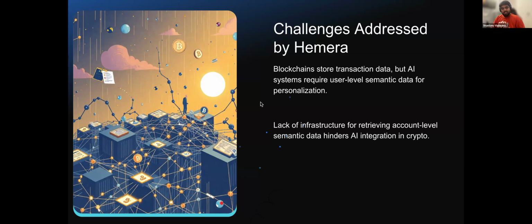Blockchain in general has a large set of data that is stored and cluttered around. So the lack of infrastructure for all of these data retrievals can become a problem down the line. That is the bigger problem, and it is the problem that Hemera is trying to solve using account-centric indexing, which is ACI.